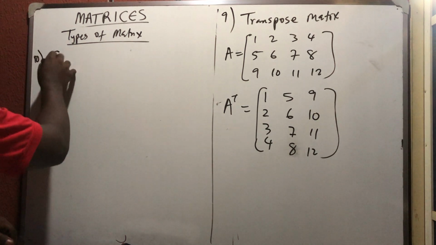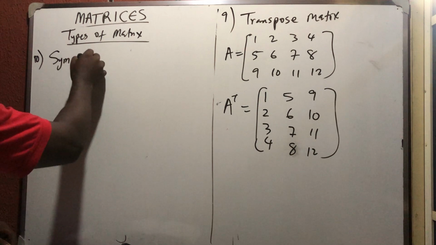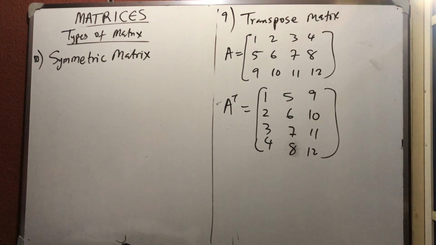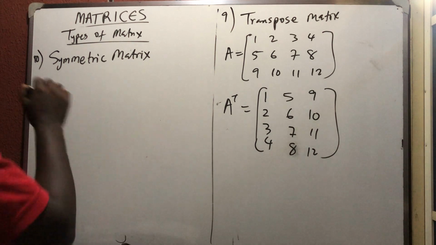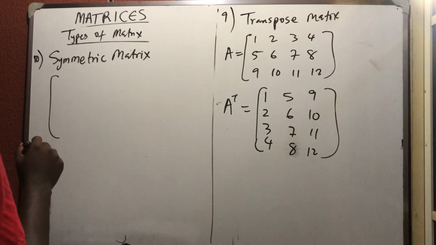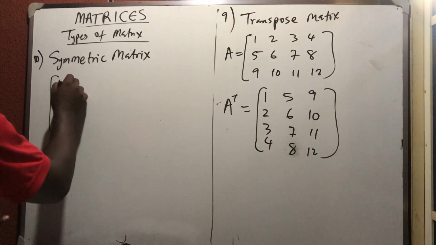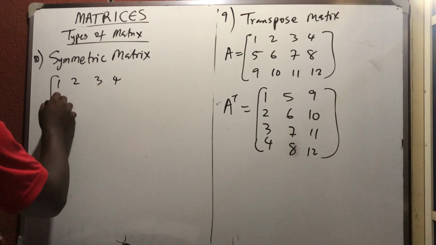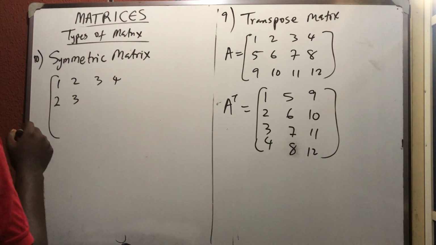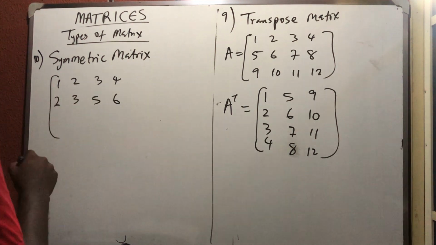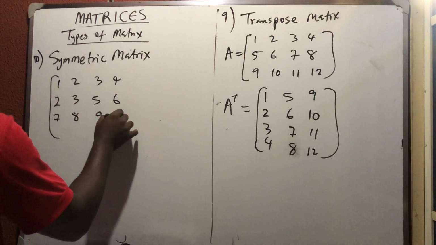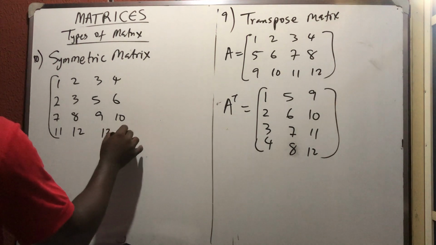So for a symmetric matrix, what do we have? Watch. First of all, it's going to be a square matrix, so let's do 4 by 4. 1, 2, 3, 4, then 2, 5, 6, 7, then 3, 6, 8, 9, and so on. I want to check something.